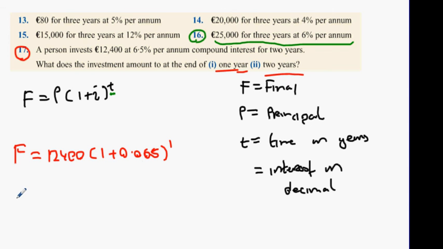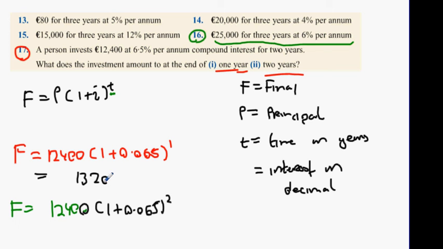So the answer for part 2 would be 12,400 multiplied by 1.065 to the power of 2. Can somebody put the first one into the calculator, and will you put the second one into the calculator? What you get first one, Oshin? You get 13,206.